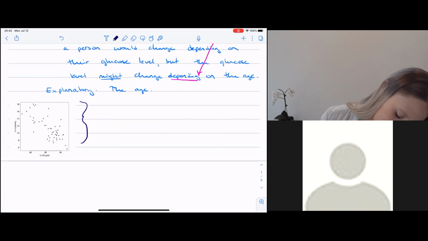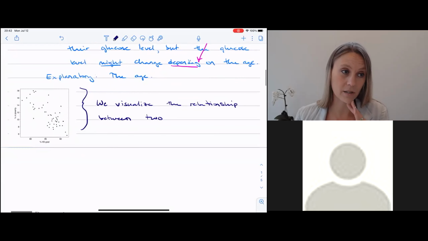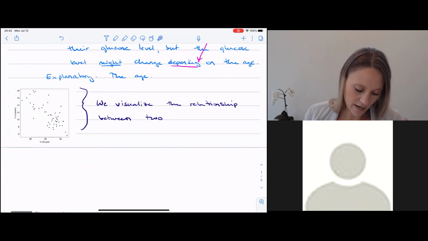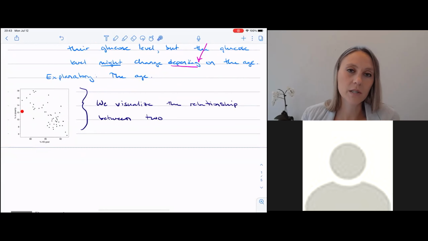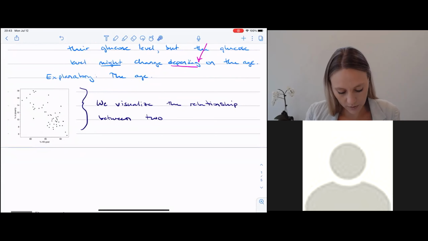Okay, but we visualize the relationship between two numerical variables. I will say that as long as the response is numerical, it's still true. We're going to focus on two numerical variables.